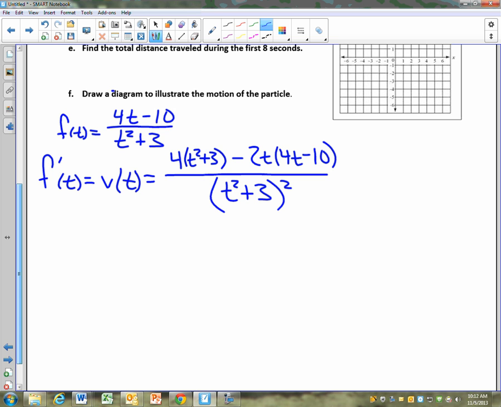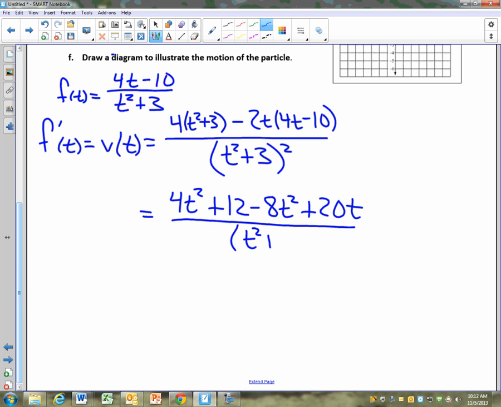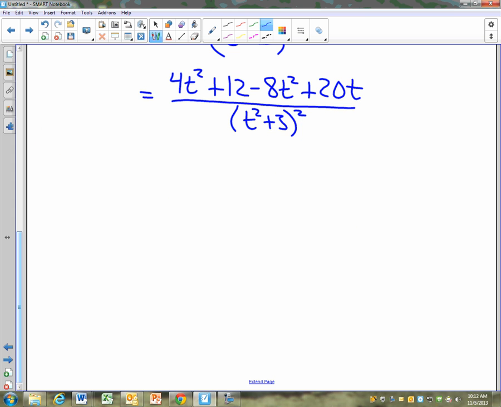Right here, the derivative of negative 10 is 0, so we don't have the negative 10. All right. Looks like we need to finish off the top. That's equal to 4t squared plus 12 minus 8t squared plus 20t, all over the quantity t squared plus 3 squared. Looks like we can simplify this a little bit.